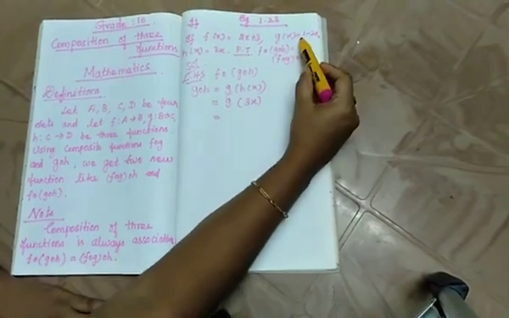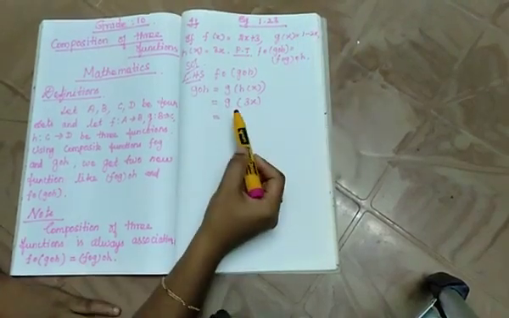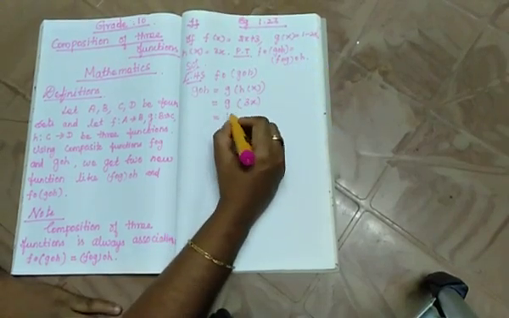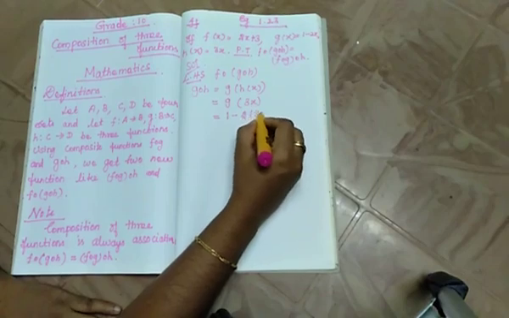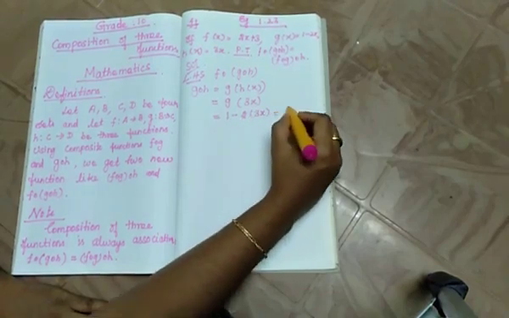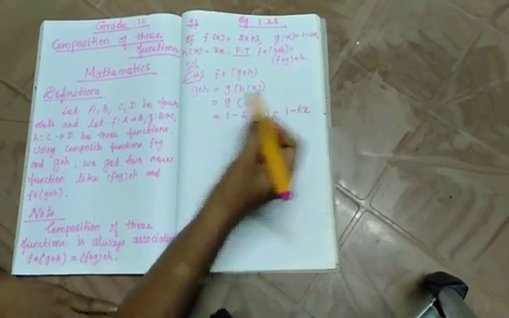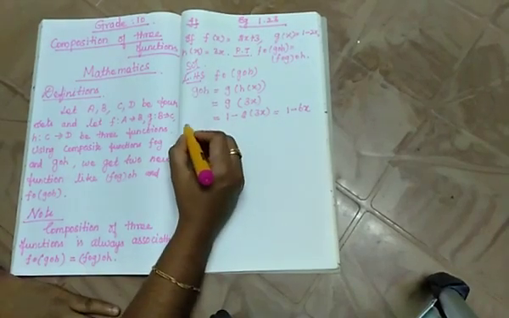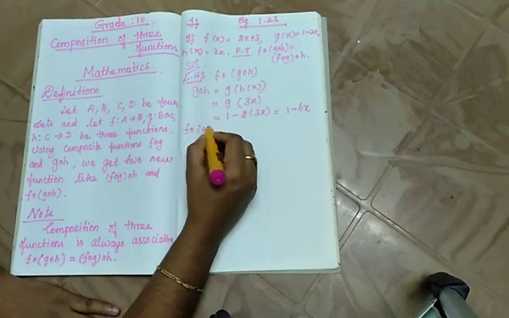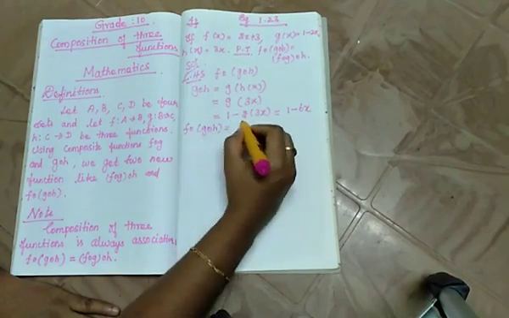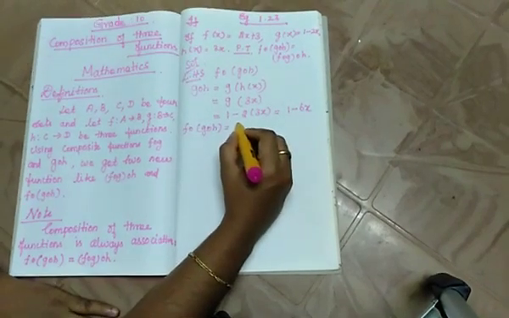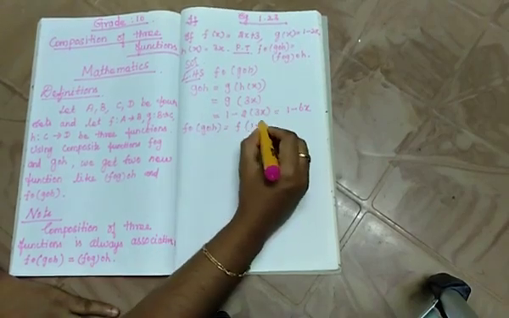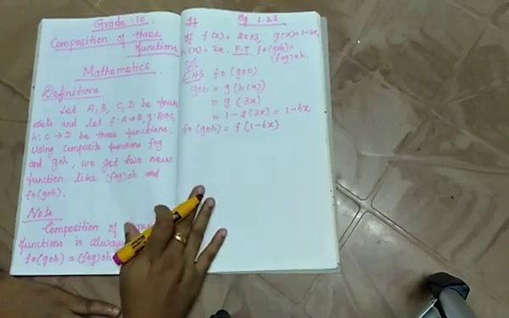Now g of x is equal to 1 minus 2x. In the place of x, you have to substitute 3x. So what do we get? 1 minus 6x. Therefore f of g of h is equal to f of 1 minus 6x.